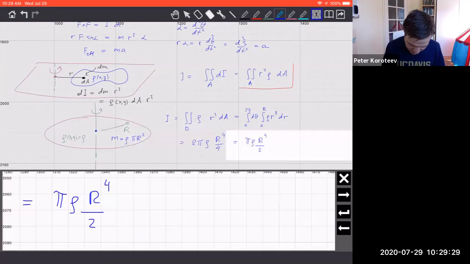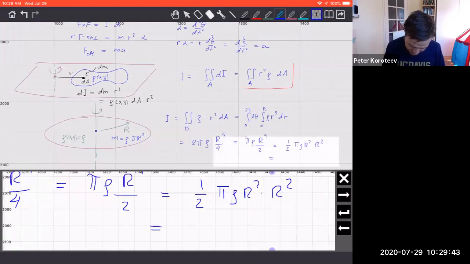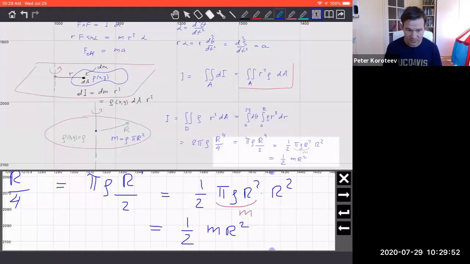So we can rewrite this formula like this: it's 1/2 pi rho R squared times R squared, and this thing is the mass. So that gives you 1/2 mass R squared, which means there's a coefficient 1/2.